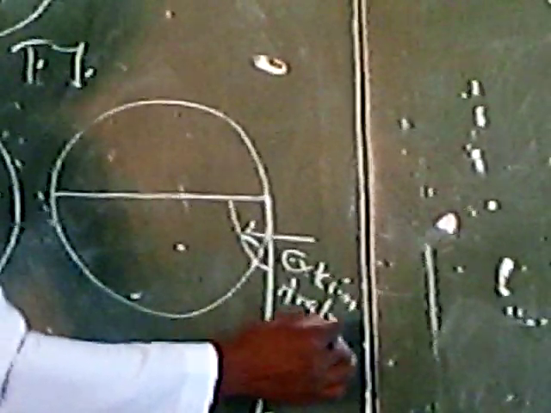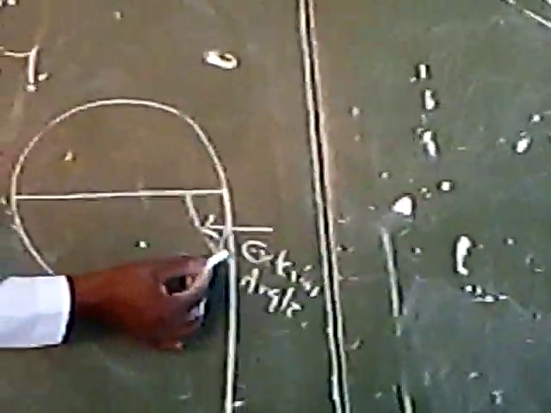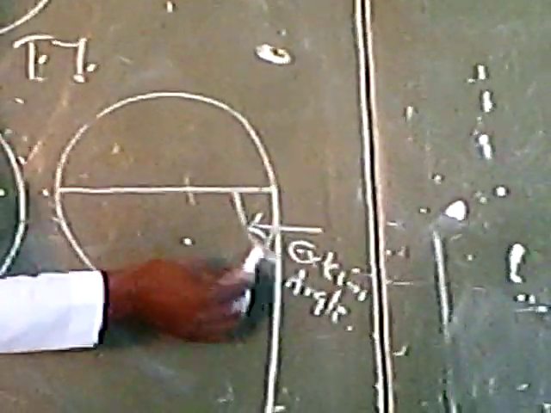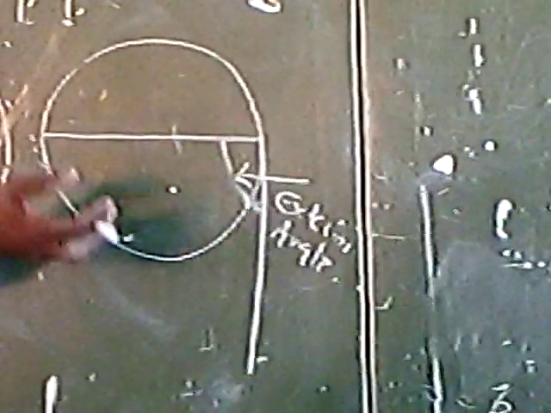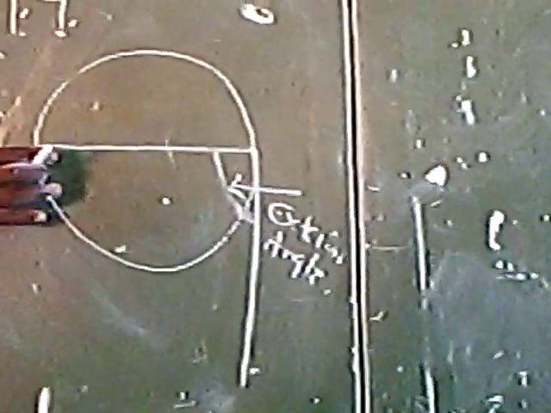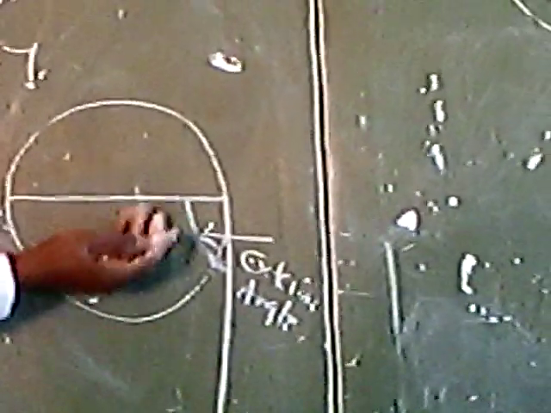This is the exterior angle. So this exterior angle is actually produced in this segment. If it's produced in this segment, then this exterior angle will be equal to any angle that will be produced in the other segment.